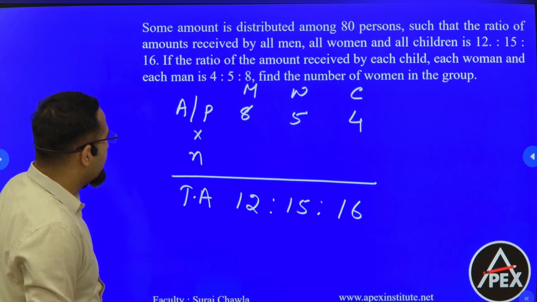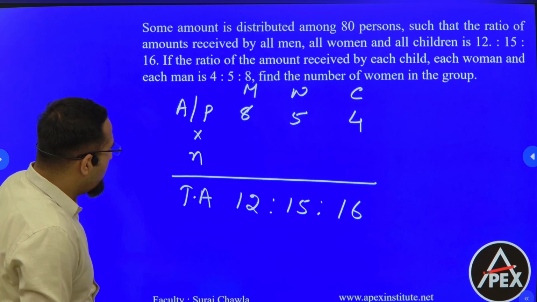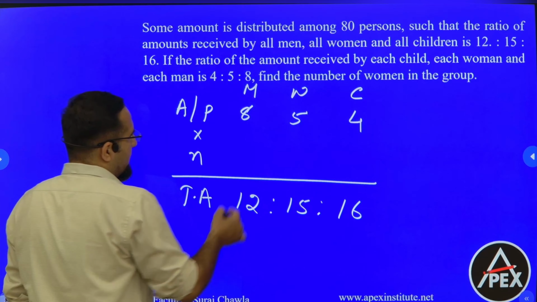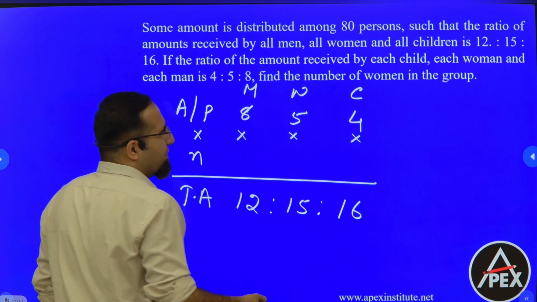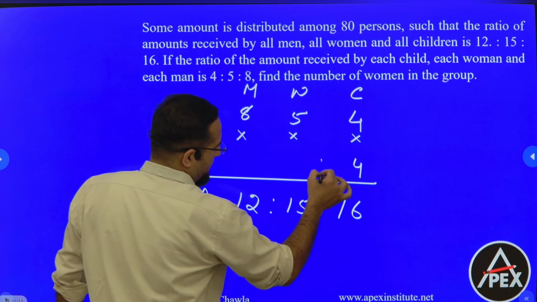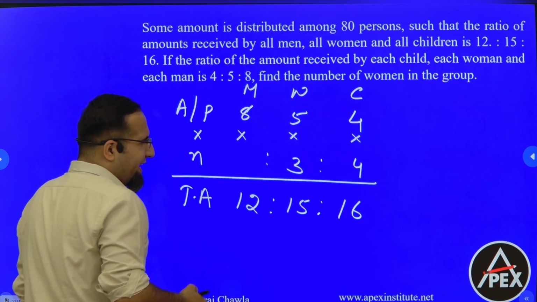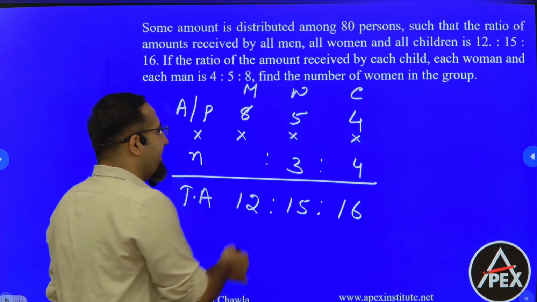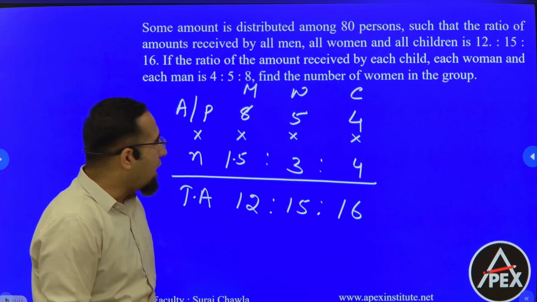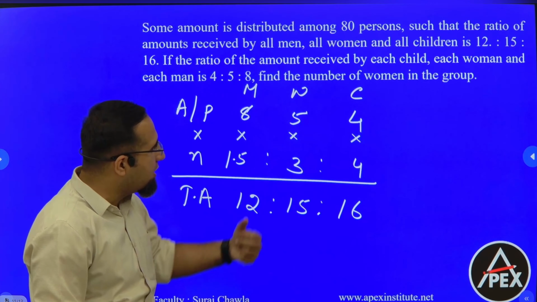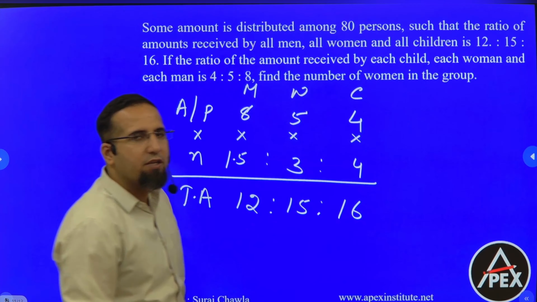Clear guys? Now I need this into this should give me this value. So let's simplify. I know that this becomes 4. This should be 3. Now 8 into what is 12? We should know that 8 into 1.5 is equal to 12. That means the ratio of men, women and children is 1.5 is to 3 is to 4.